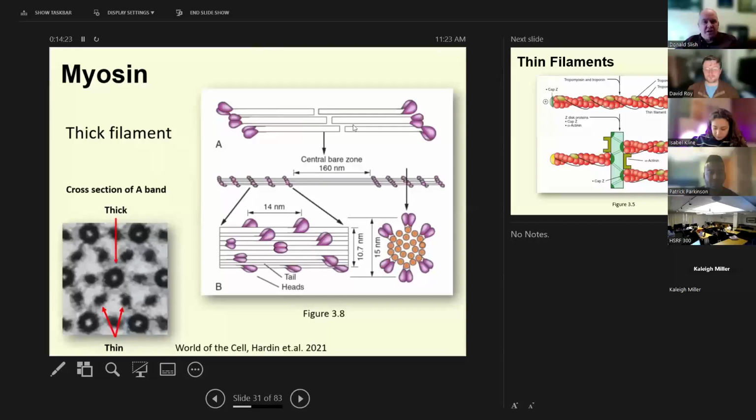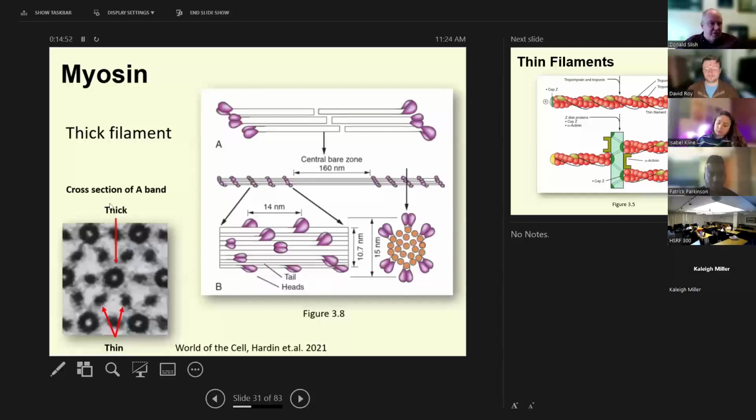So they attach to each other and form these thick filaments. What's important about this is you've got these myosin heads sticking out, and they spiral around the thick filament. If you do a cross section through here, you can see that these are the tails and these are the heads sticking out. So in 360 degrees, there's heads sticking out everywhere.